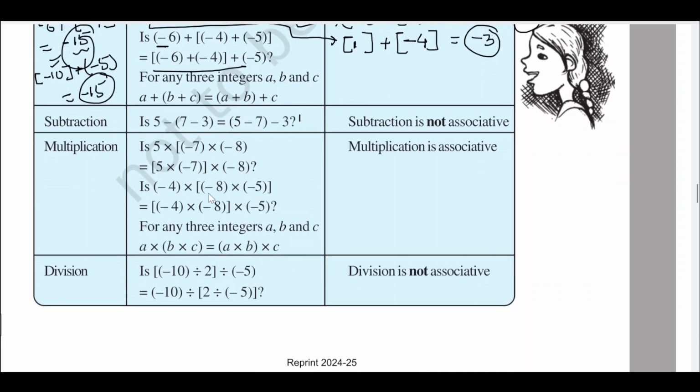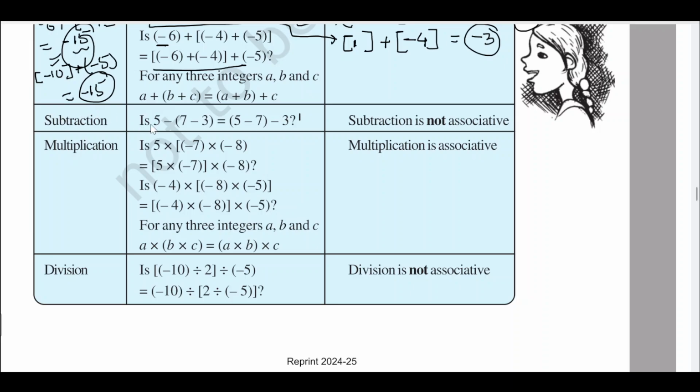Next for subtraction we have to check. Subtraction we will check this A, B and C, and A is kept alone, B and C are grouped together. So first we will solve this one. 5 minus, 7 minus 3 we will get 4. 5 minus 4 is 1.